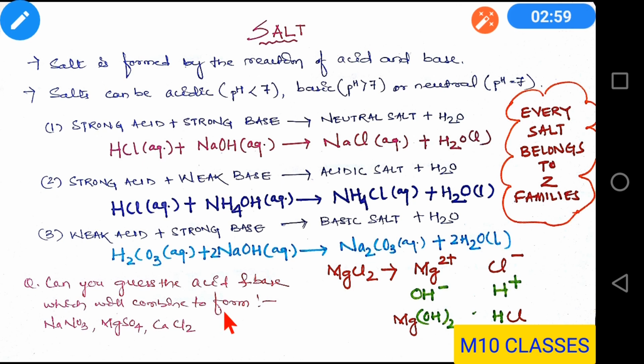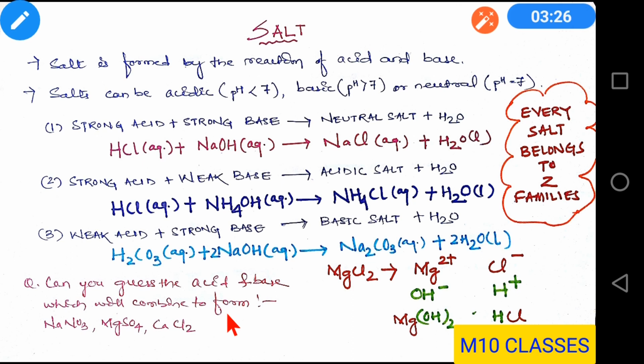Again, now see here, can you guess the acid and base which will combine to form NaNO3, MgSO4 and CaCl2? Listen carefully. NaNO3, you will get Na+ and NO3-. For the positive ion we'll take OH-, so you'll get NaOH, sodium hydroxide. And for NO3-, with hydrogen valency 1, you'll get HNO3, that is nitric acid. For MgSO4, magnesium 2+, SO4 2-. For magnesium the valency is 2, for OH- the valency is 1.